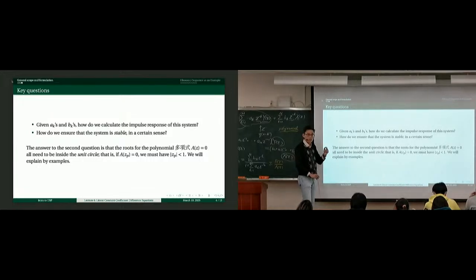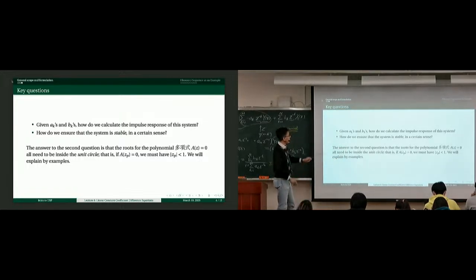Turns out that the answer is yes. There is a systematic way of calculating the impulse response in closed form. There will be a closed form solution for any difference equation with constant coefficients. Much like a differential equation: constant coefficient differential equations have closed form solutions, cosine, sine 这些东西啊.